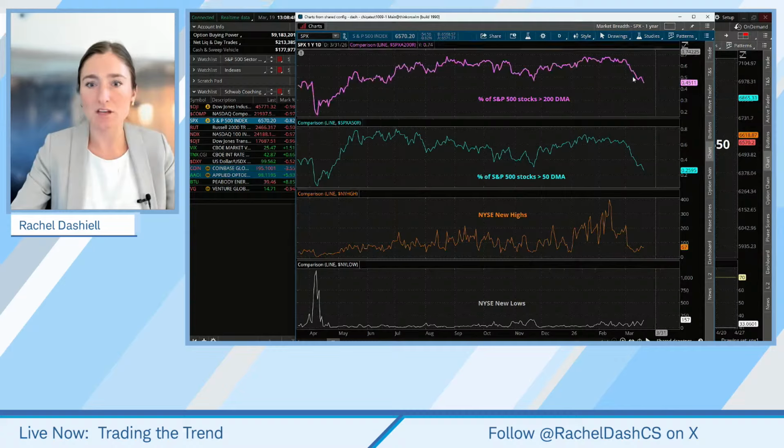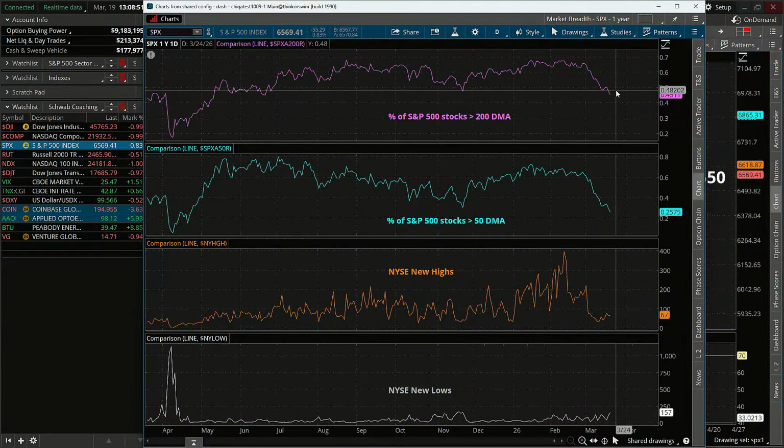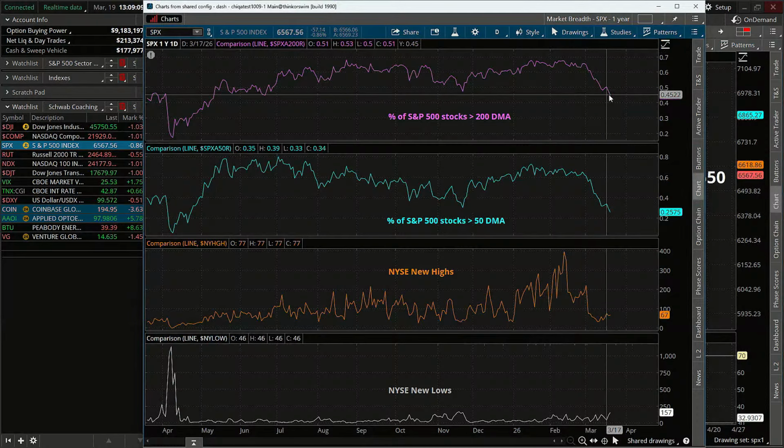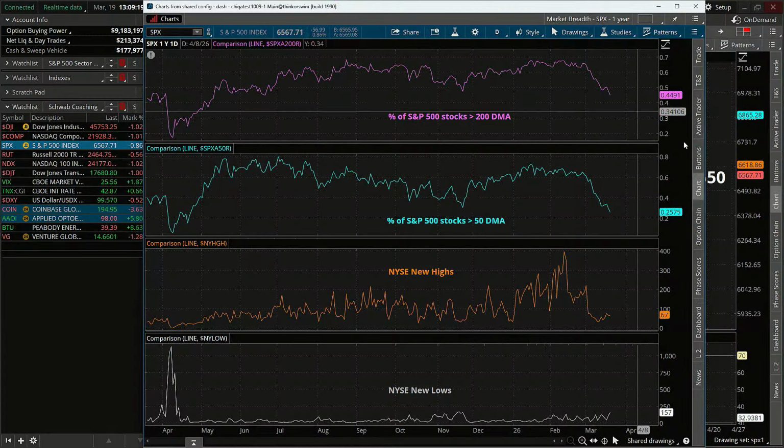So if we really start at the top here, the longer term trend, we can see that we have less than 50% of stocks above the 200-day moving average. So we came off some of the highest levels all year as far as those breadth signals, and now we're kind of getting into some of the lowest levels we've really seen since last June. So that would be notable for a lot of traders, especially those who are trying to find long-term bullish opportunities in this type of market environment.